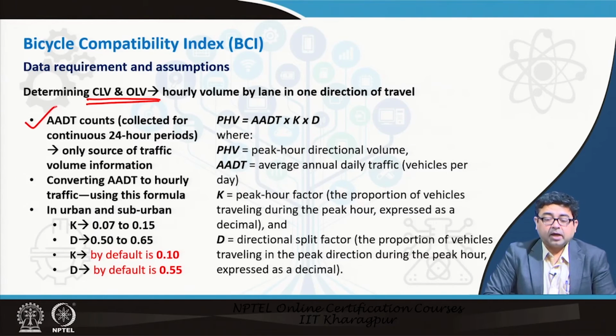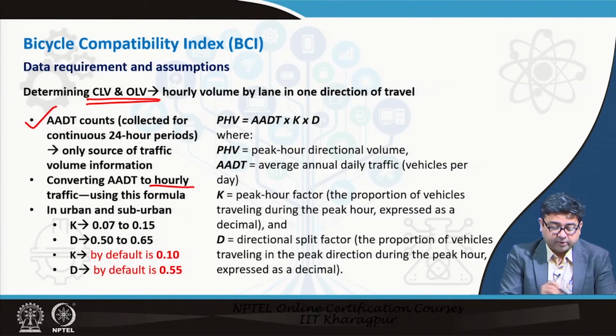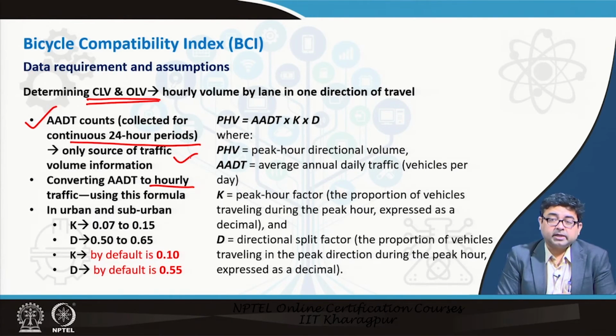If you have AADT, that has to be converted into hourly traffic volume. AADT is annual average daily traffic collected continuously for a 24-hour period. This is the best source for traffic volume information, not the only source, but sometimes it is the only source, but it is usually the best source of understanding what the traffic volume on that road is.